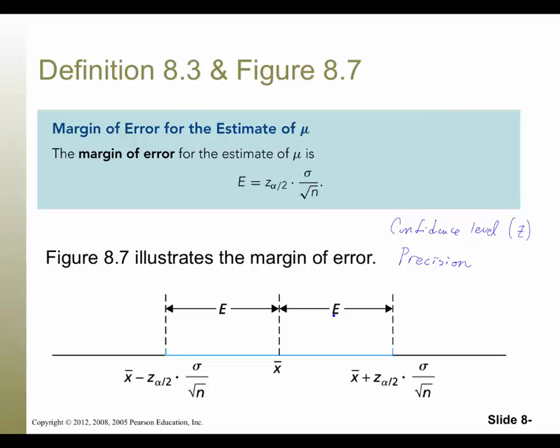So I want to keep my margin of error the same. Okay? But I want my confidence to go up. I want to get more confidence, but I want to keep my precision the same. How could we do that? Is there any way we could do that? So I don't want to increase my margin of error, but I want more confidence. Something else needs to change. What would have to change to do that?